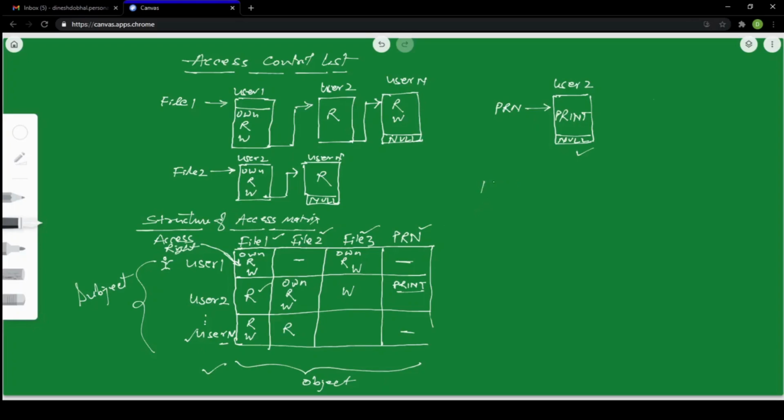So this list would contain only one block. As far as the file 3 is concerned, this list would contain two blocks. The first block is for user 1, because user 1 is given access control over the file 3, and the second block is for user 2.